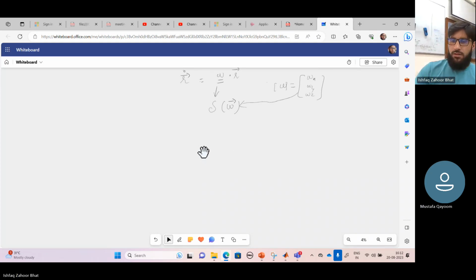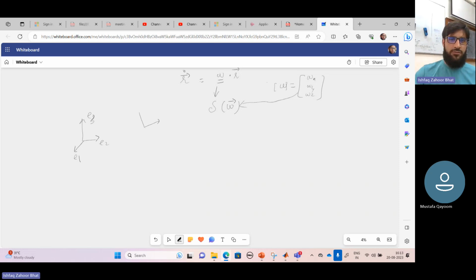So let's do one thing. If I have a frame, say this is E1, this is E2, and this is E3. And there is another frame.